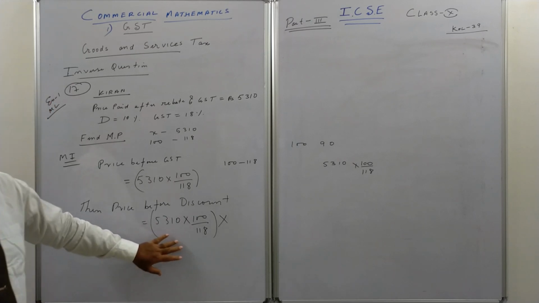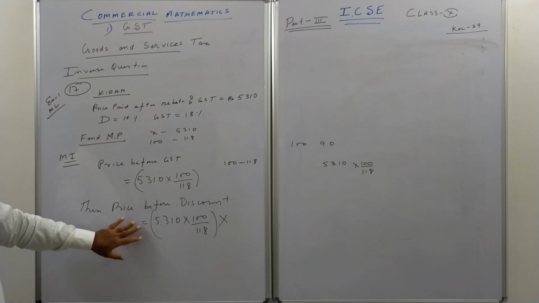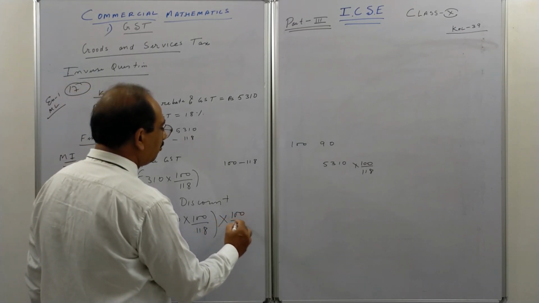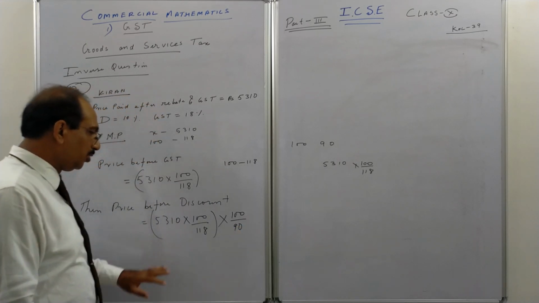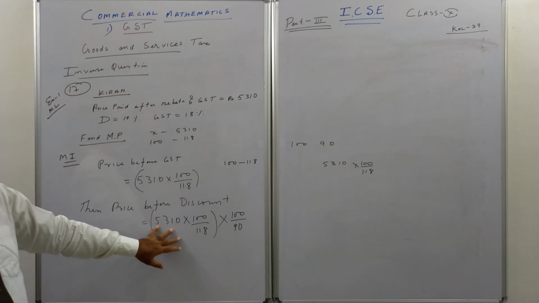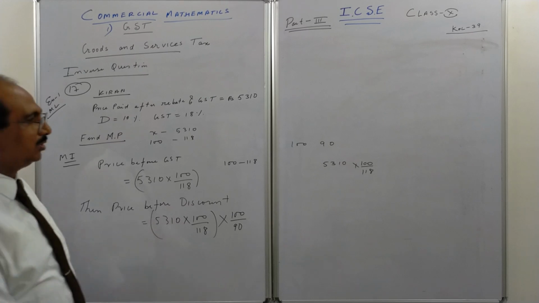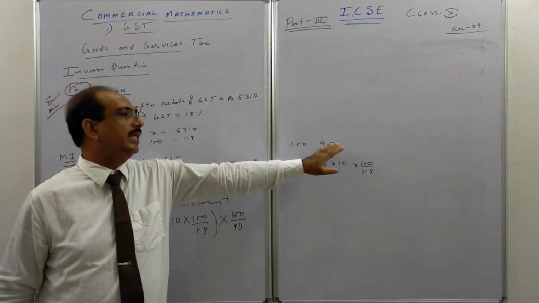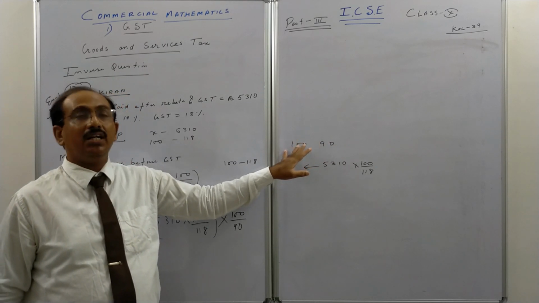So this is 90%. This is the price before discount I am trying to find. Which will be more? It will be 100 by 90, children, because this is the price after discount. Before discount it will be more. 90 was 100 before discount.